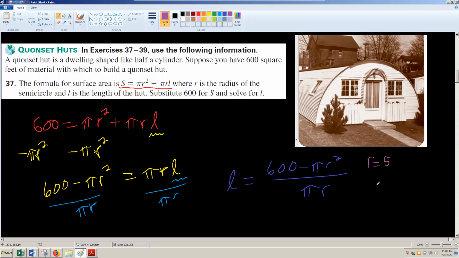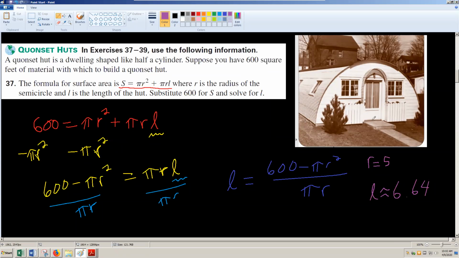This seems to give us a length of approximately 6.64. So we can see why maybe they would call it a hut here, or maybe 600 square feet is just not a reasonable estimate for the amount of material it would take.